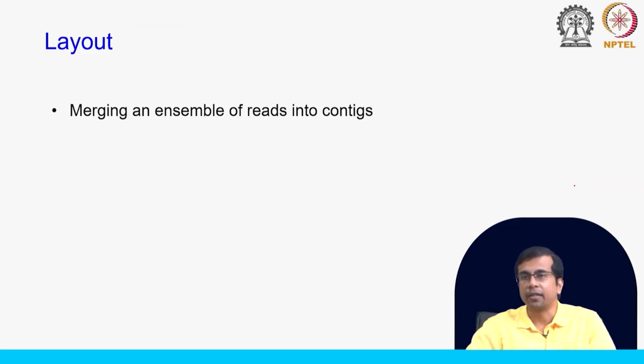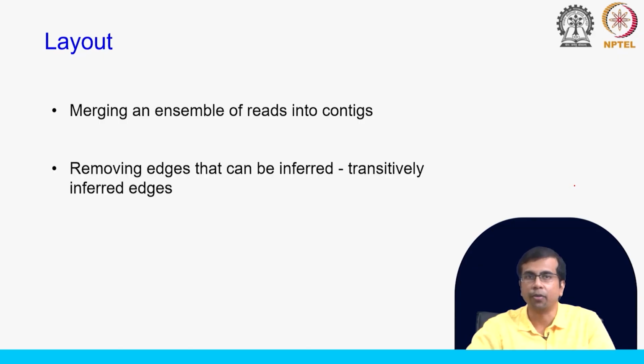What happens in the layout approach is that we merge an ensemble of reads into contigs. The major step here is that we start to remove edges from the overlap graph that can be inferred. The edges that can be inferred are called transitively inferred edges. We will see with an example how these edges are inferred.